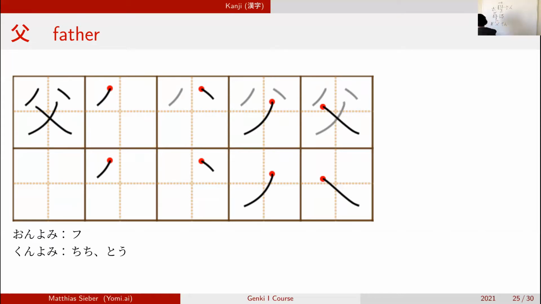It's tou, otousan. And those kanji together. All right. Let's try this one again.